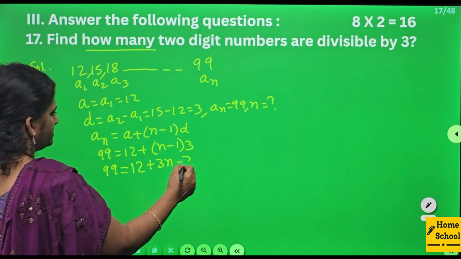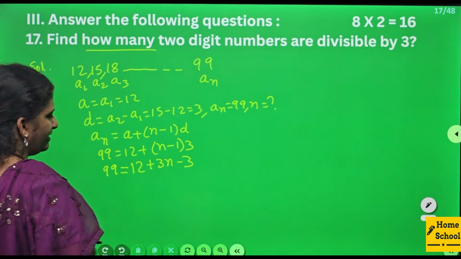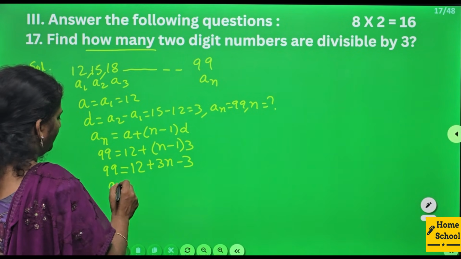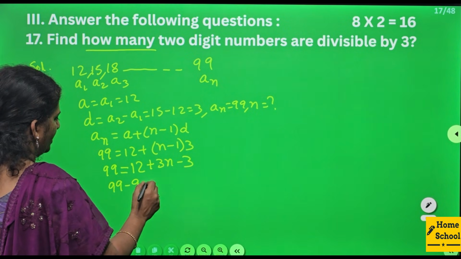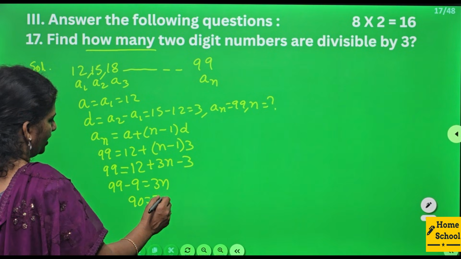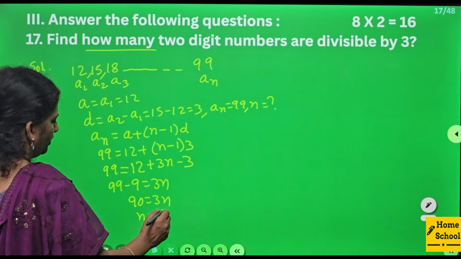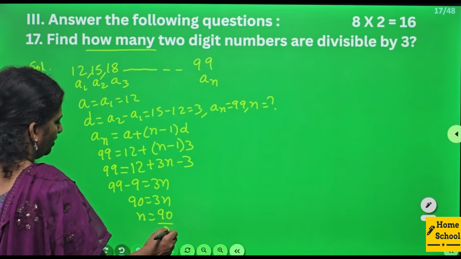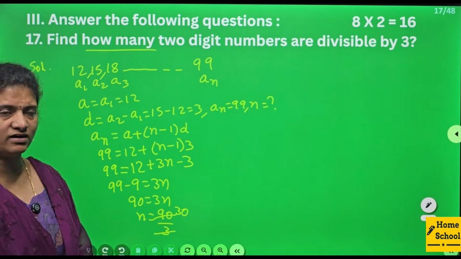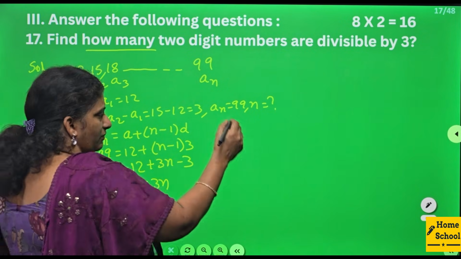3N minus 3. 12 minus 3 will be 9. 9 bring this side. 99 minus 9 is equal to 3N. 90 is equal to 3N. N is equal to 90 by 3. That will be 30. Therefore, what is your answer? 30th term.